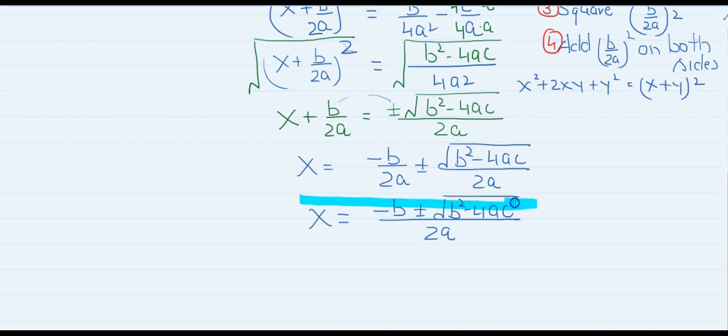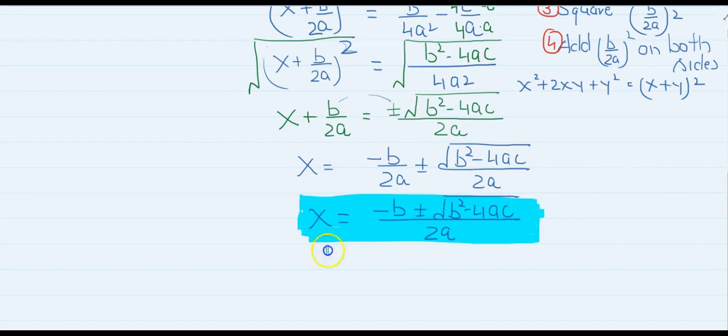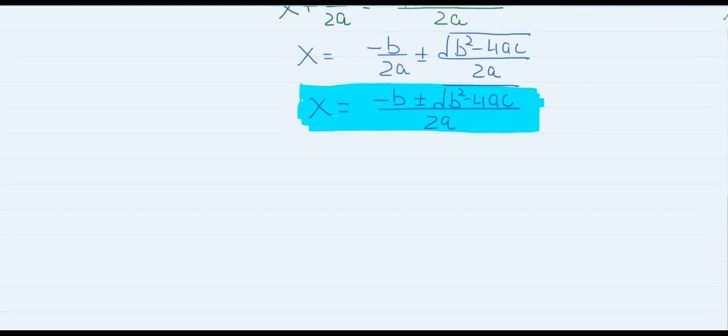This is the most common and most useful formula for finding the solution of a quadratic equation. You can use this formula for any type of quadratic equation. But one thing you have to understand when you use this formula is what exactly A, B, and C are.